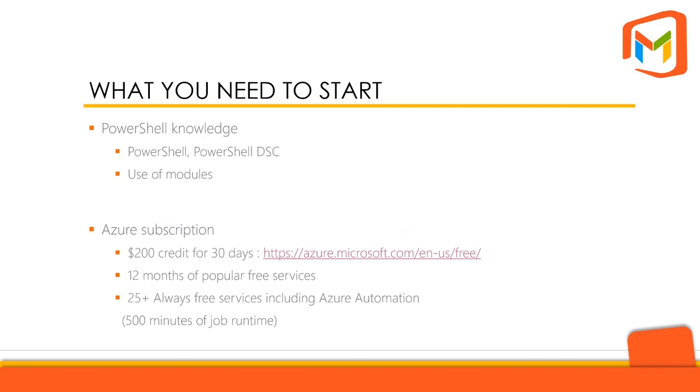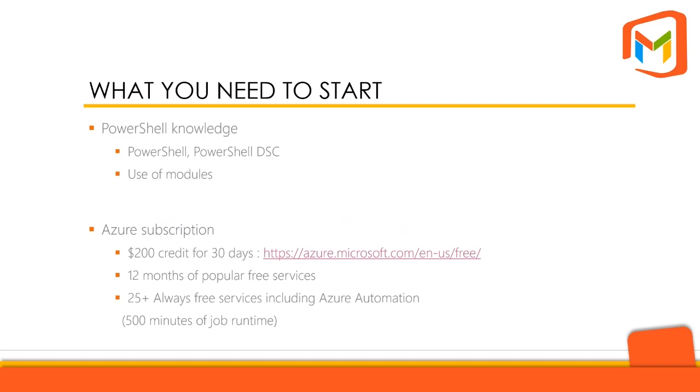If you never had an Azure subscription, you can go to the link I've put on these slides to have a $200 free credit for 30 days in order to try Azure and Azure Automation. You will have as well 12 months of popular services for free.